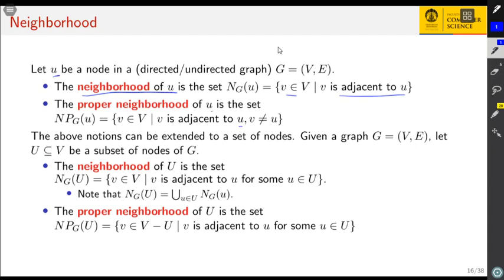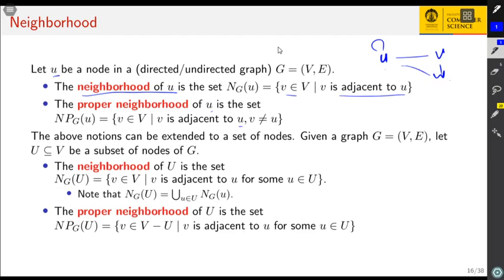So for example, here is U, this is V, this is W. Therefore the neighborhood of U is U, V, and W, and the neighborhood of V is U and W, and the neighborhood of W is U and V. But if we have direction, then you have to take into account the directions.